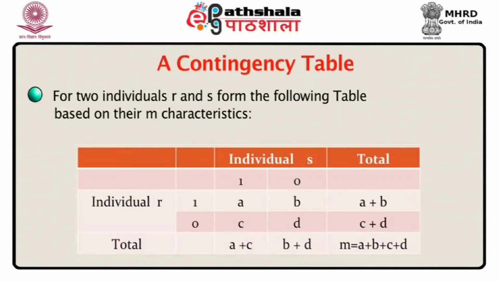Now, given this table, it's obvious that R and S match if we have 1 1 or 0 0. It's a wrong match if it's 1 0 or 0 1. So primarily the measures are based on this sort of matching.